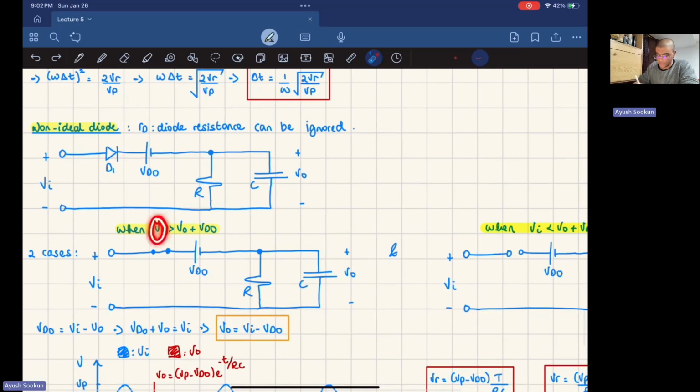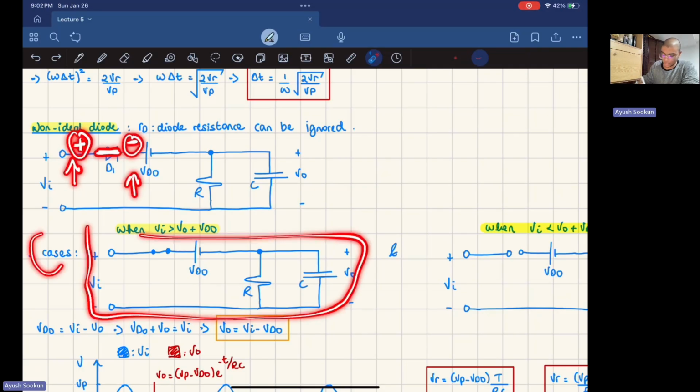So when V input, so this voltage, is greater than V0 plus VDO, V0 is my output here. When this part, the input, is greater than this, this is the negative side of the diode, this is the positive side, so this diode is essentially going to be on. So that's case number 1. I said we had two cases.